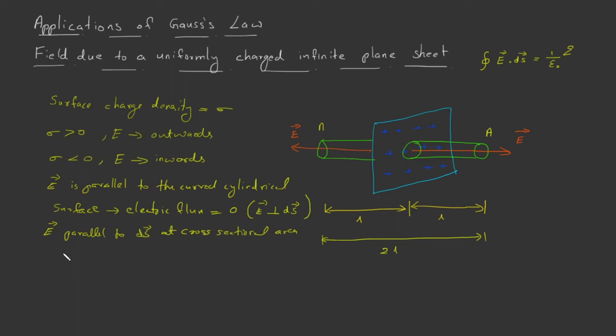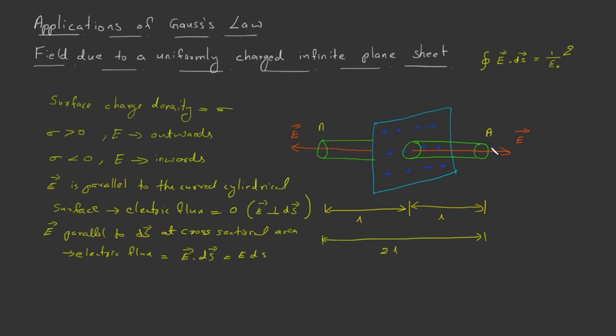Therefore, we can see it contributes to the electric flux. We know the electric flux is equal to E dot ds, and it becomes E ds here because theta is 0.